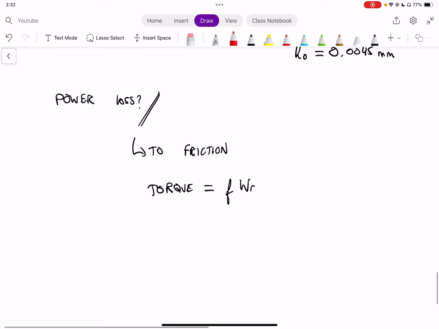So for power loss, we know that power and torque are related together by RPM essentially. So we can say that power loss, which we're going to call H, is going to be our power, just like when we study gears.